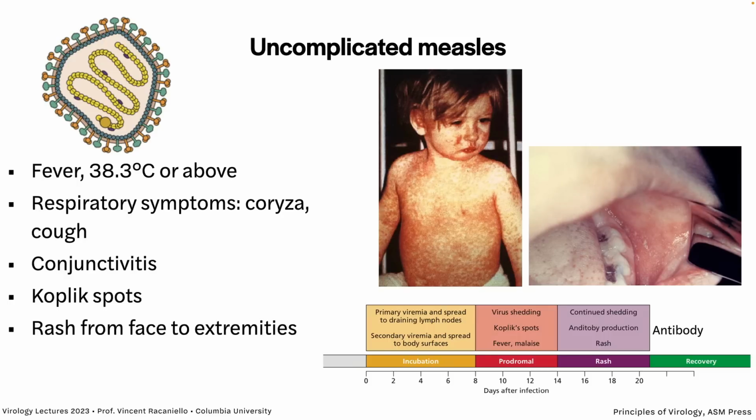So let's say they're going to school and they have a fever. They don't feel well. They're complaining. They go to the school nurse, and the school nurse could look in the mouth, and it's not very visible here, but there are these white spots called Koplik spots, and only measles does that. So you could say, you have measles, go home.